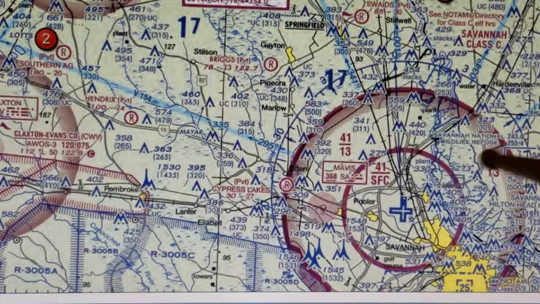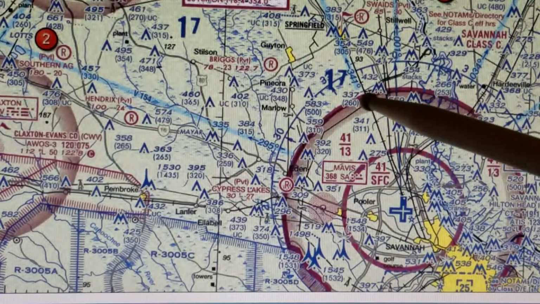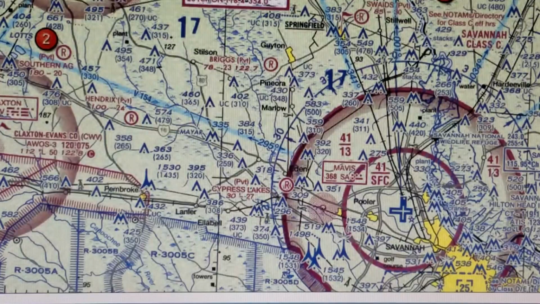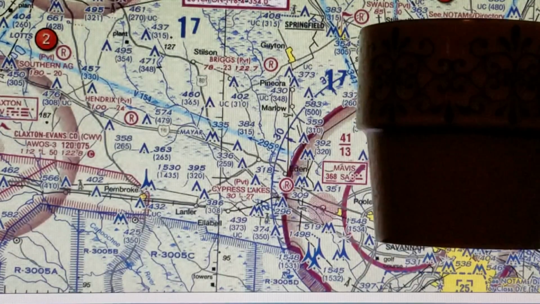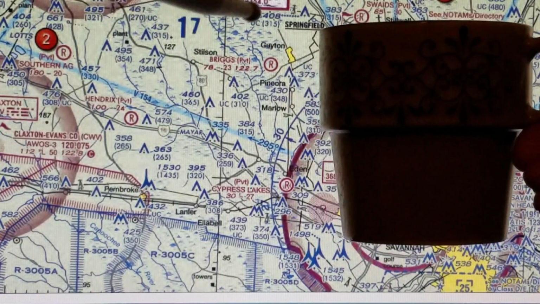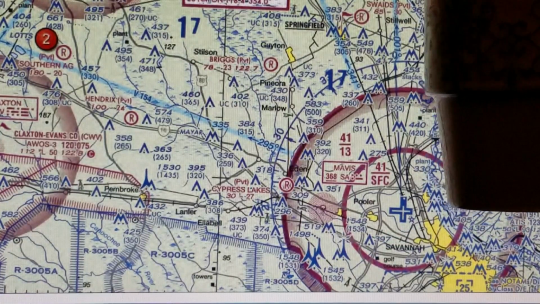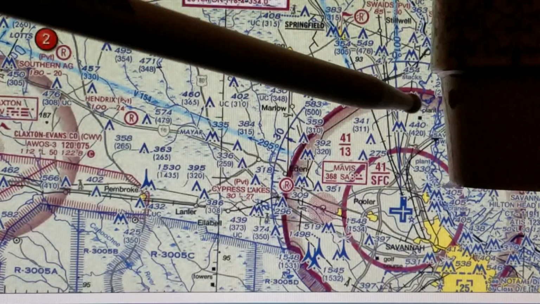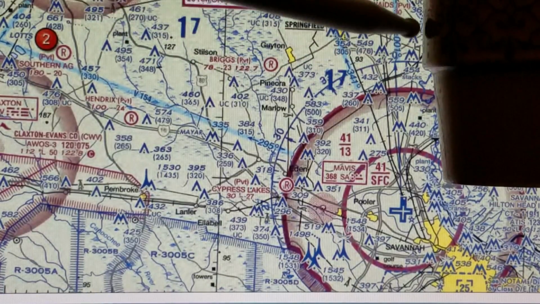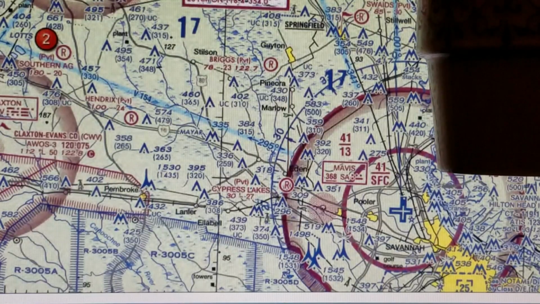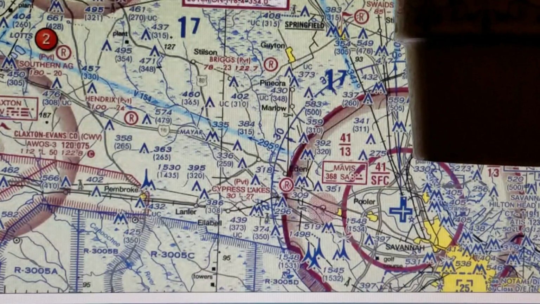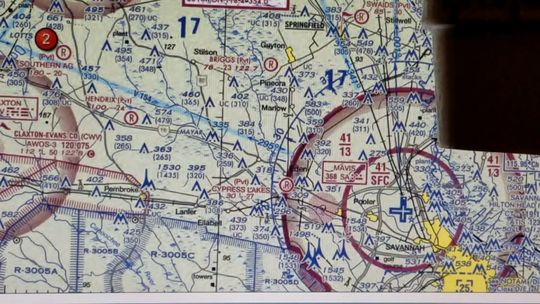Yes, so coming back to the Savannah Airport chart, this faded magenta, I would like to bring up my famous or notorious coffee cup again. Look at that coffee cup. So up to here, we can assume from 4,100 feet elevation, 1,300 feet elevation, and as you know, outside the magenta, you have Echo airspace.